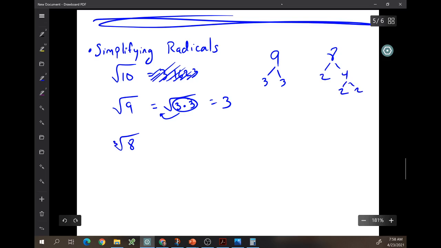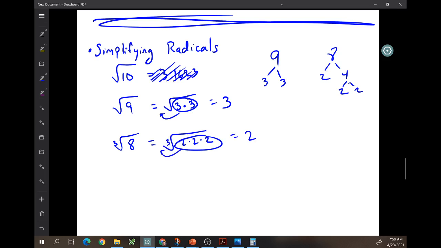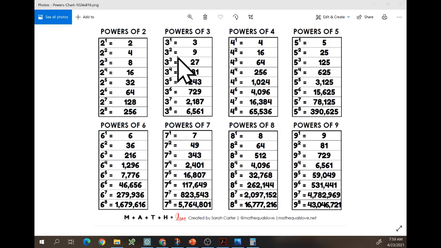So the cube root of 8 would be the cube root of, I can write that prime factorization, 2 times 2 times 2. Now, because it's a cube root, instead of looking for a pair of them, I need to find 3 of them. And I can take all 3 of them out because it was a cube root. I'm taking 3 out, and the answer is 2. So that's for numbers that were on our chart. Any numbers on our chart, that should work for.